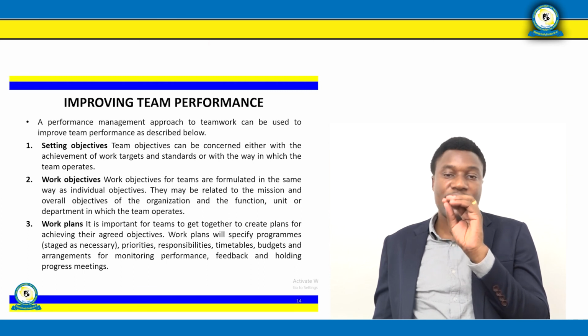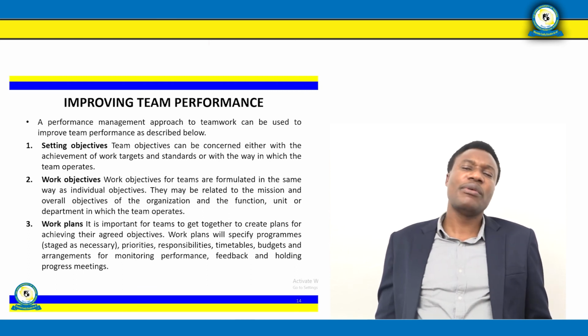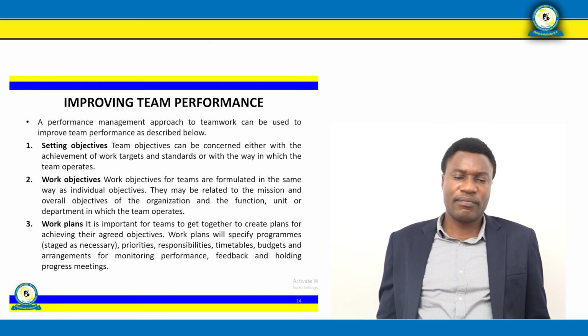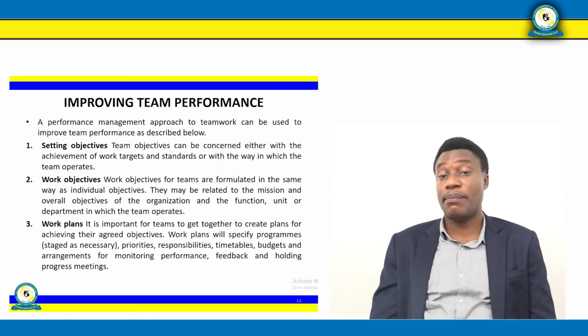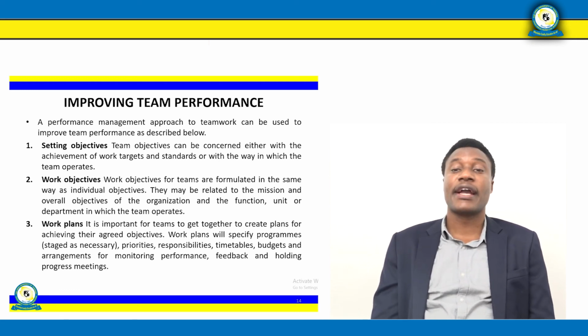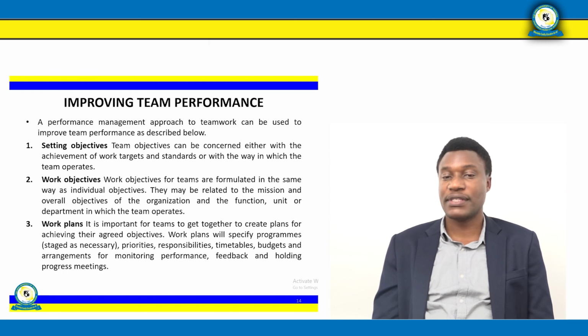So, improving team performance. Now, how can we improve team performance? A performance management approach to teamwork can be used to improve team performance as described below. Now, let us see. Setting objectives, that is the first issue to be discovered.